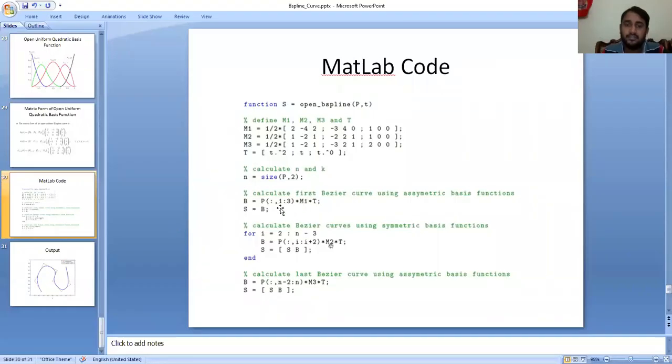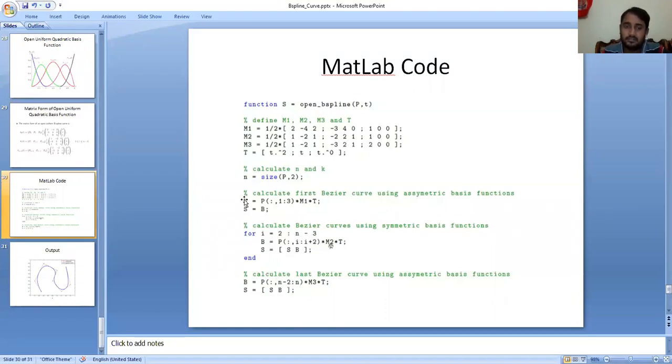You can see here this is the B-spline from 1 to 3. This is for i equal to 0 to n minus 3, and this is from n minus 2 to n.